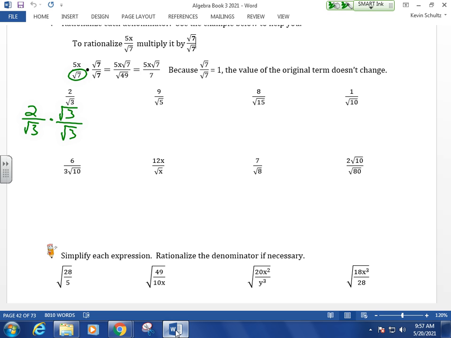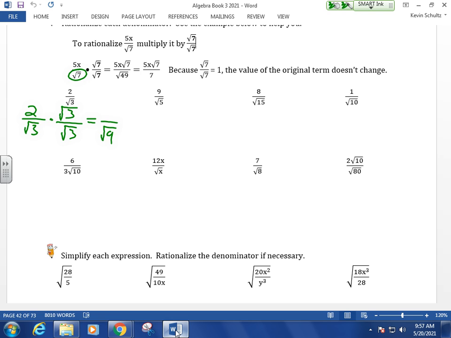Sydney? When you multiply the two bottom ones, you get a square root, and then when you divide them, you get 1. Right. When we multiply those denominators, root 3 times root 3, we get a perfect square, root 9. That's going to happen every single time.